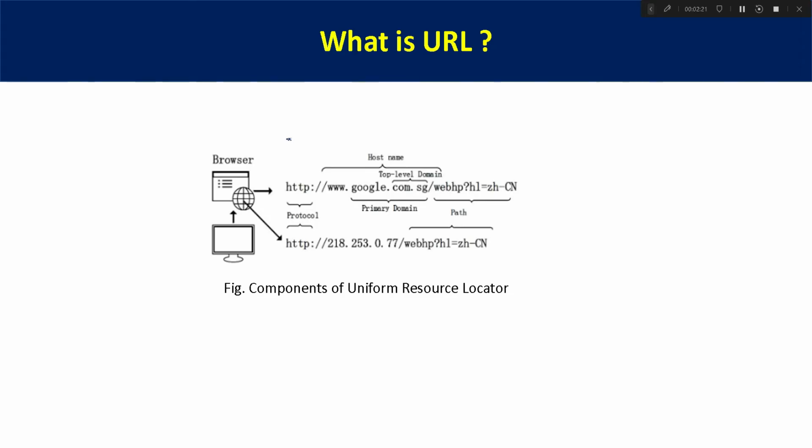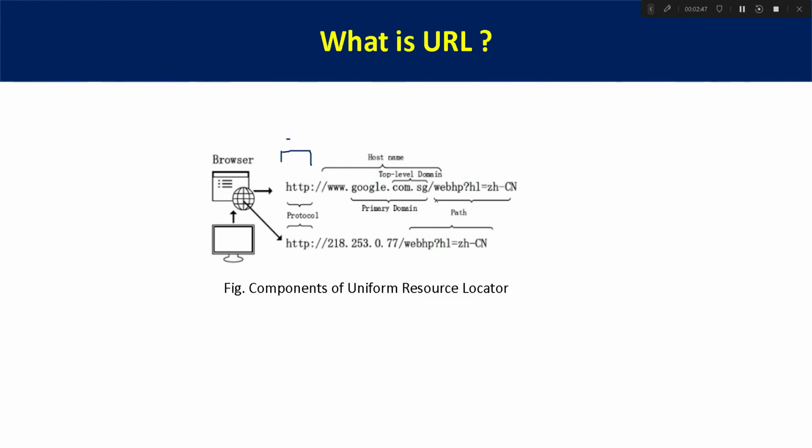First is the protocol, which is known as the protocol identifier. Second is the host name, right? Whether it is google.com, twitter.com, or facebook.com.